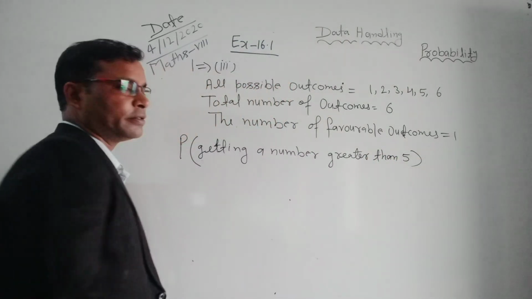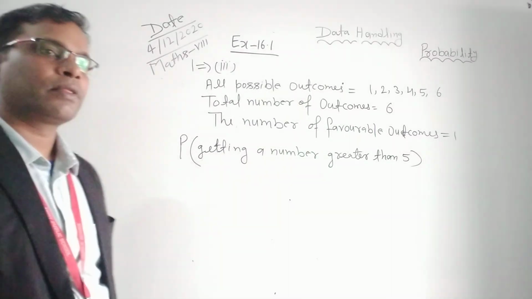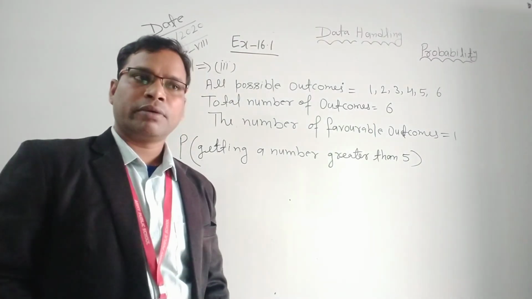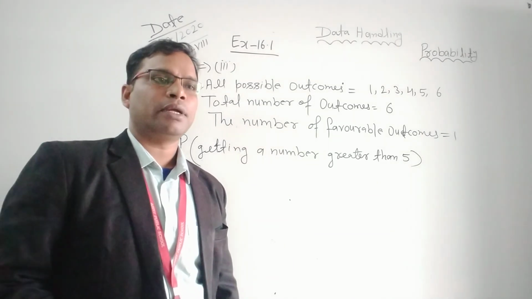This is equal to what? This is equal to the number of favorable outcomes by the total number of outcomes.